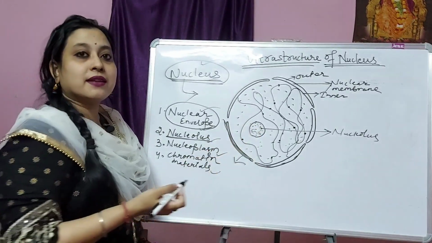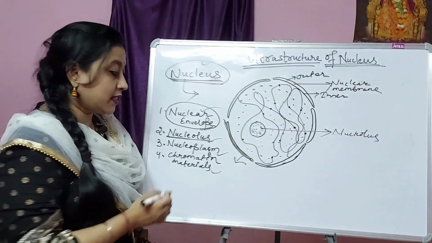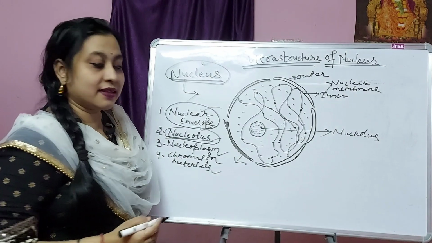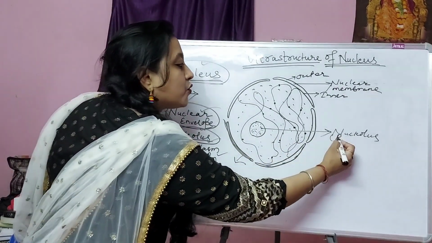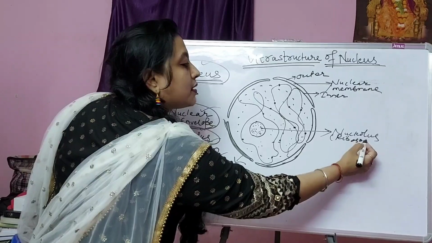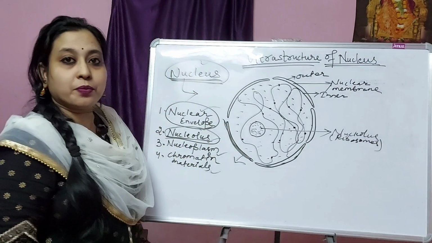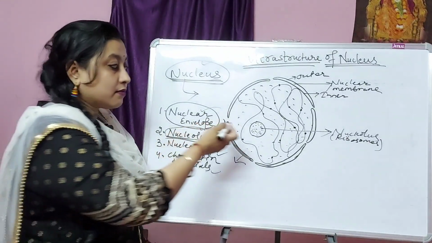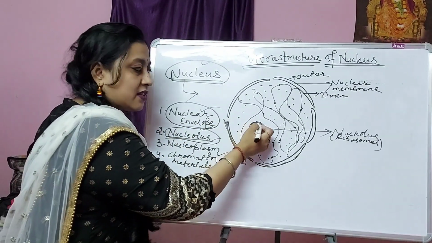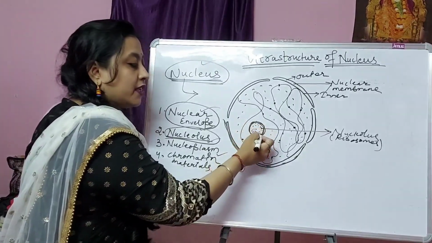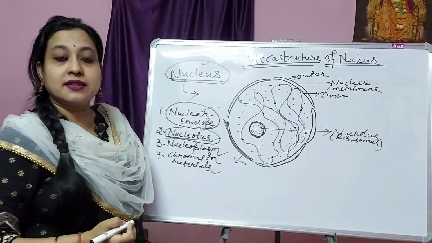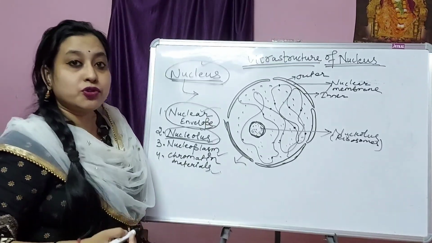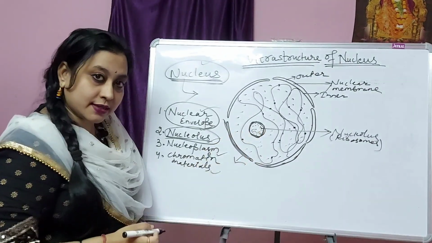The function of the nucleolus is that it takes part in the synthesis of ribosomes. This structure is not present in prokaryotes. In eukaryotes, it takes part in the synthesis of all the ribosomal subunits. All the ribosomes are synthesized in the nucleolus.